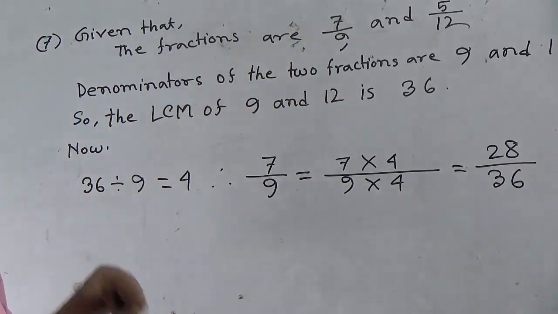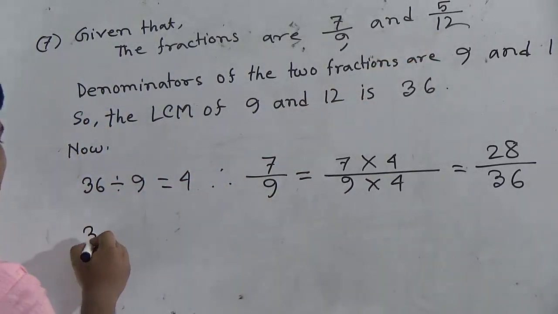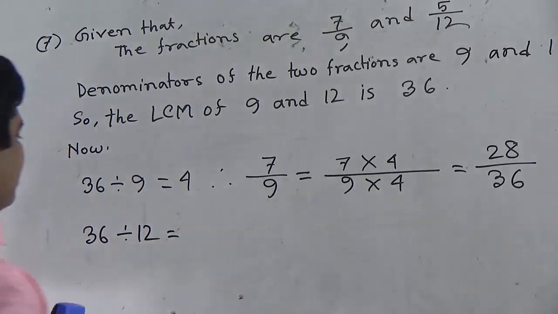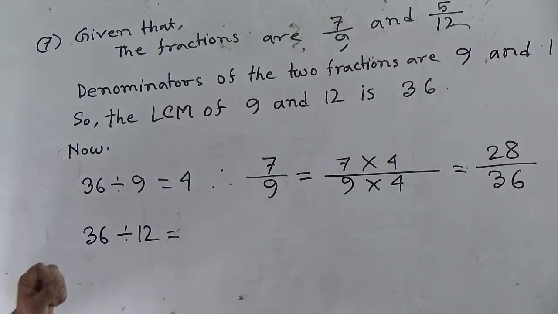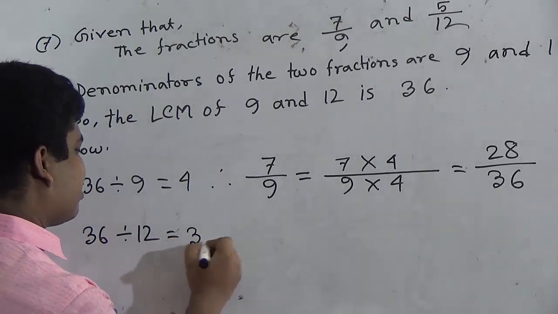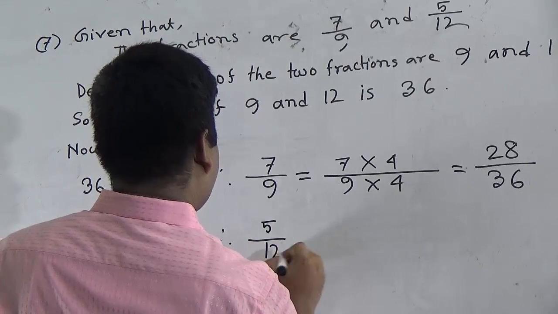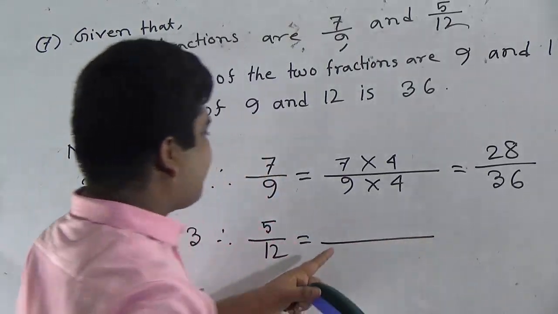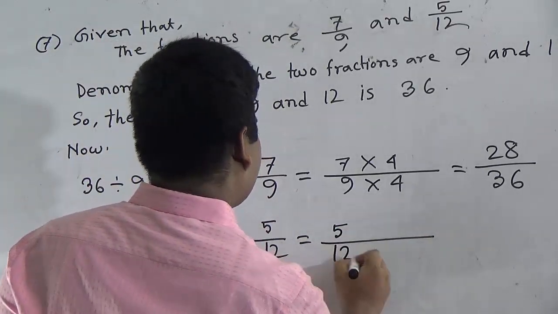Next we shall do the same work for the second fraction. That means 36 divided by 12. If we divide 36 by 12, then 12 ones are 12, 12 twos are 24 and 12 threes are 36. So we get 3. Therefore we write the fraction, that means 5 by 12. After that we give an equal sign and then we write 5 by 12.